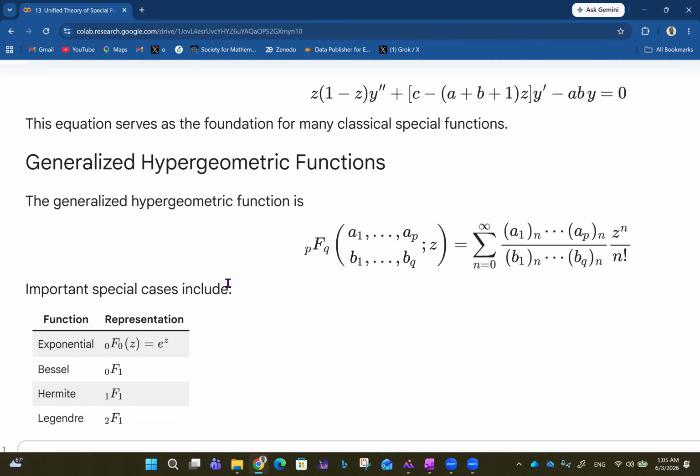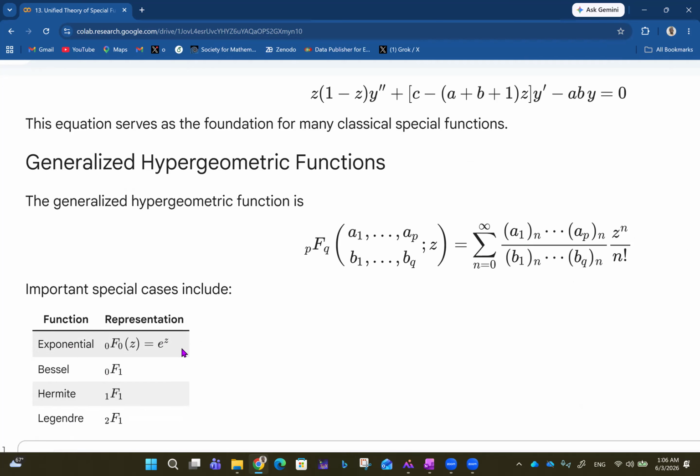Important special cases of this include the exponential function. The exponential function happens when p is 0 and q is also 0. In that case, everything else evaluates to 1, so you just have the summation from n equals 0 to infinity of z raised to the power n over n factorial, because p and q are 0 in that situation.